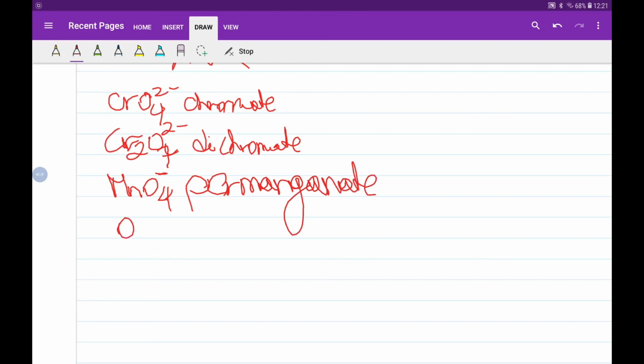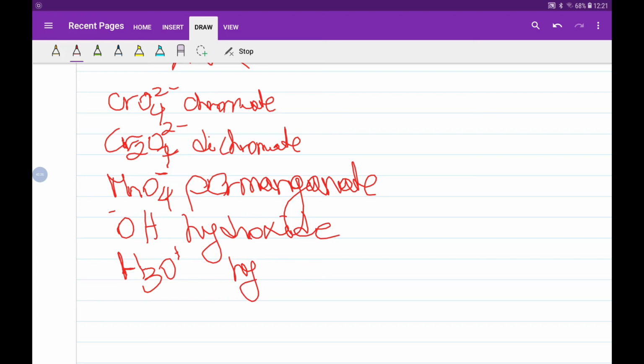Then we have OH minus, that's hydroxide. I have H3O plus, hydronium.